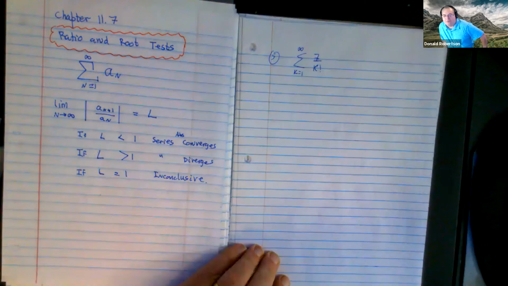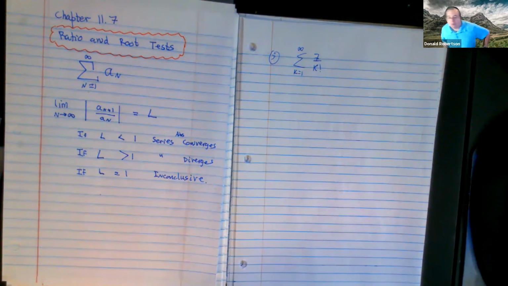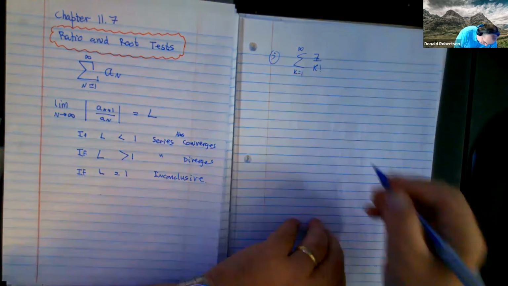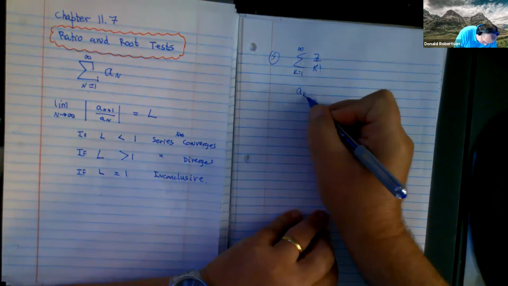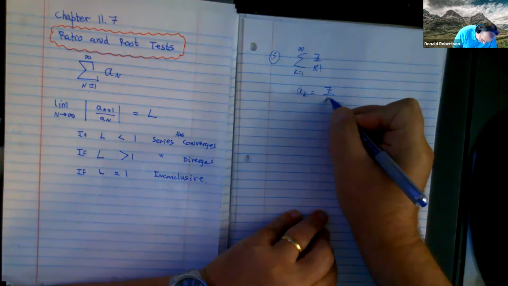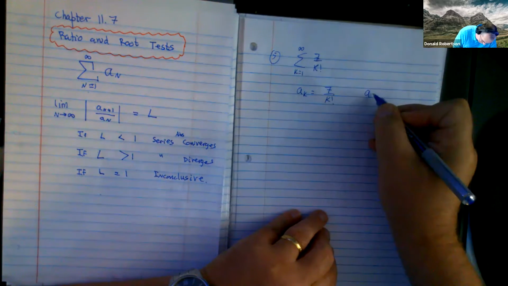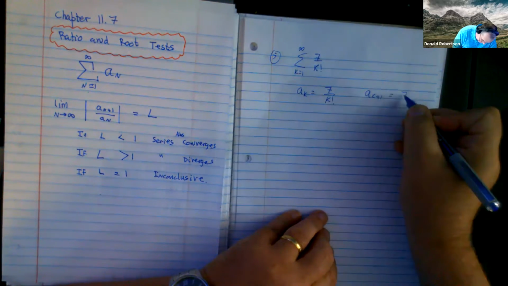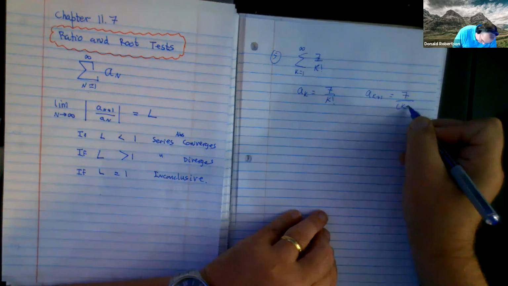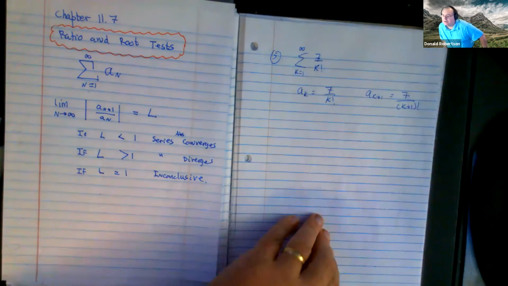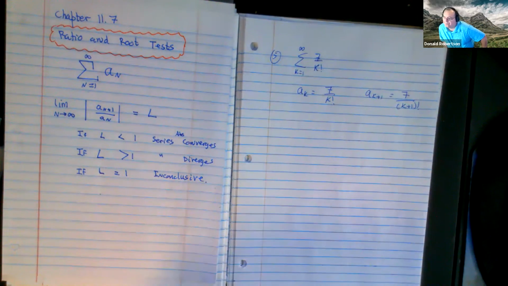No particular change here. Have you noticed that the counting variable is k instead of n? But that really isn't an issue. I hope it isn't anyway. So I'm going to call a_k this fella. So a_(k+1) is this fella. We're comfortable with that? Instead of a_n and a_(n+1), it's a_k and a_(k+1).